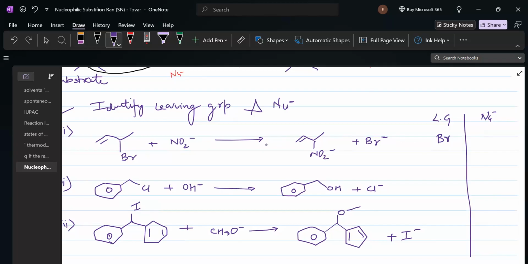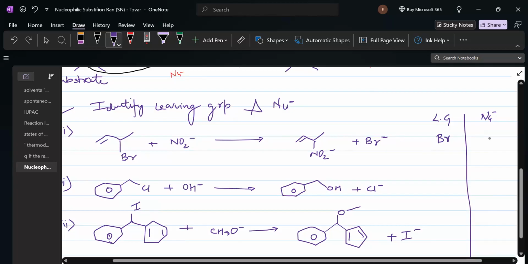And since bromine has left, NO2 is acting as the nucleophile. It has a negative charge on it. So the nucleophile is attacking this carbon and removing this bromine. So NO2 minus is the nucleophile here, right? Correct. Yes, sir. Easy one.